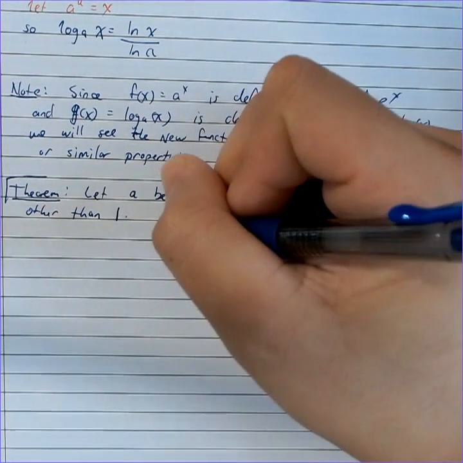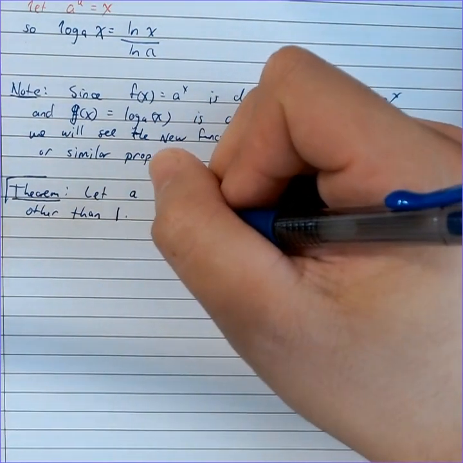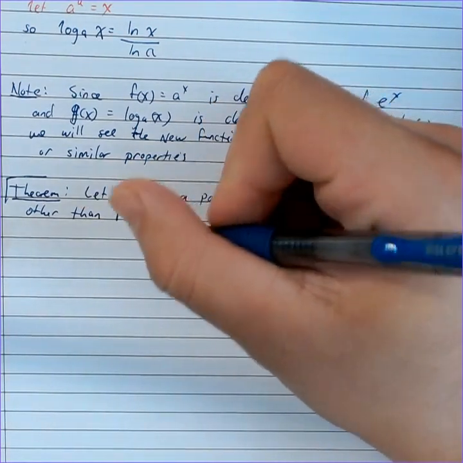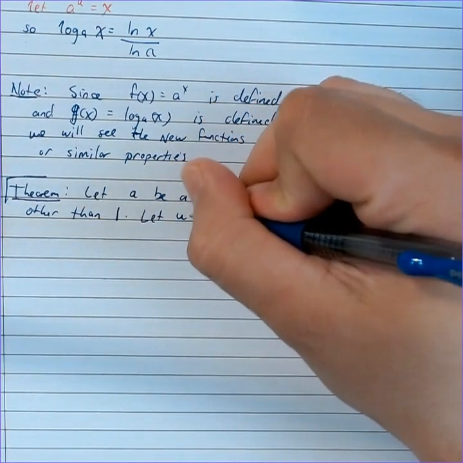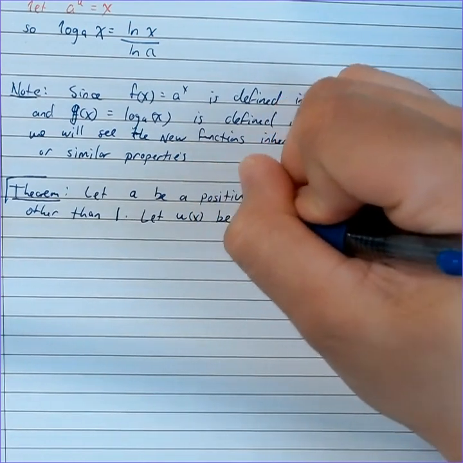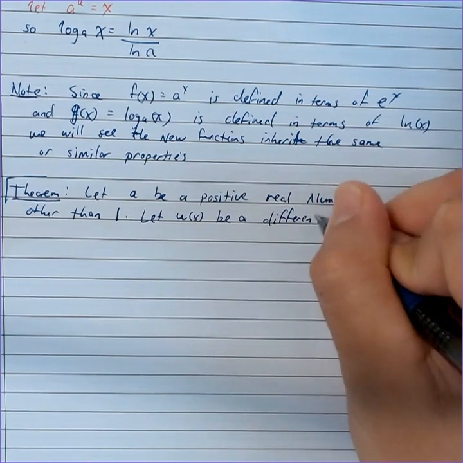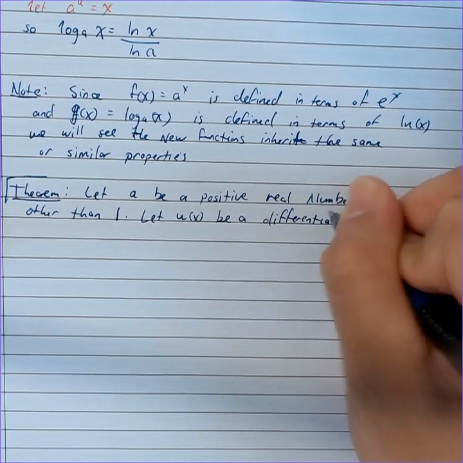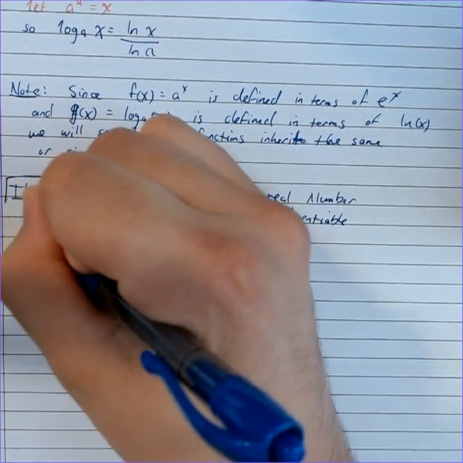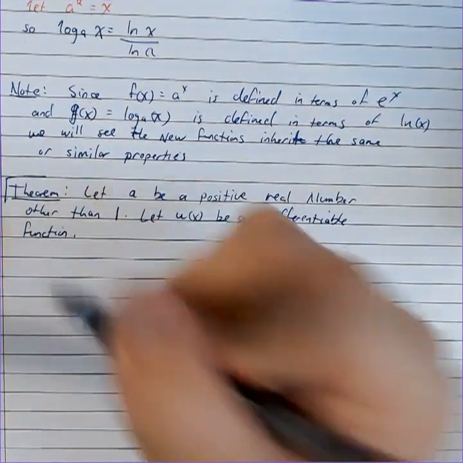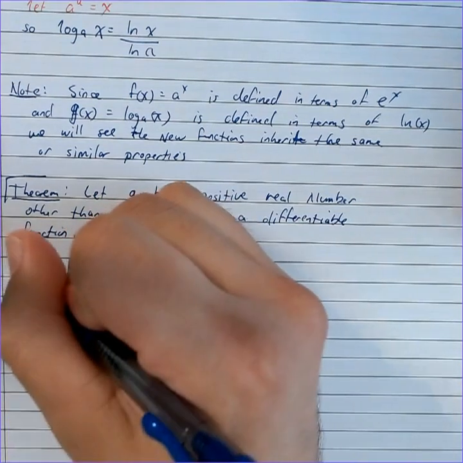Now, let's take a function that's differentiable, something you can find the derivative of. We'll call that function u. So let u be a differentiable function of x. Right, u of x, so it's a function of x. Okay? Then the following properties are true.